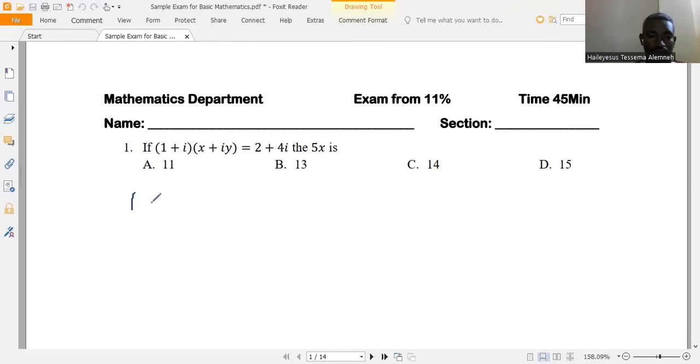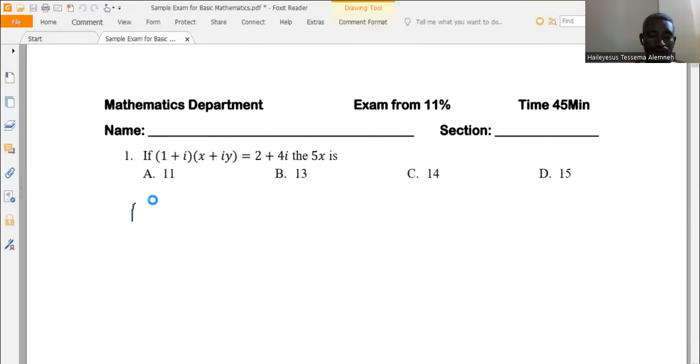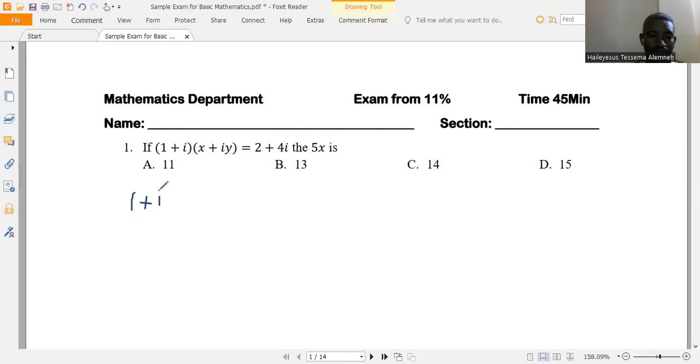So (1 + i) times (x + iy) is equal to 2 + 4i. It says 2 + 4i. So let's find the product of these complex numbers first.